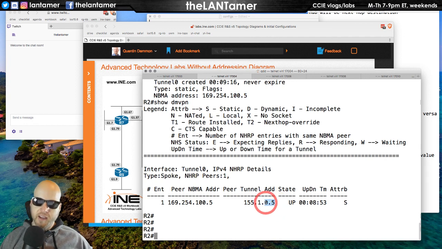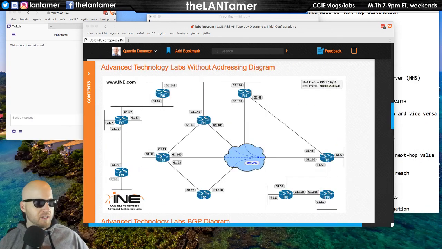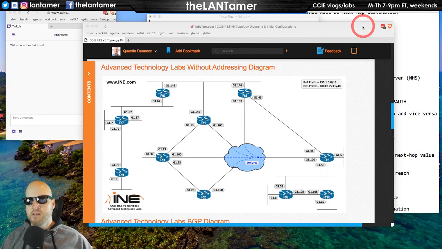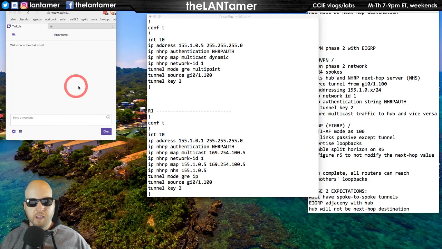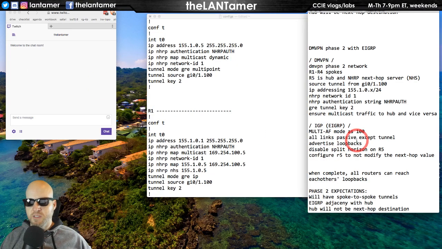Then it knows, okay, I actually need a tunnel, I need a path to that next hop of router 1. How do I get there? He asks the hub. The hub forwards a request to router 1, and they exchange registration packets. And next thing you know, we have a spoke-to-spoke tunnel.